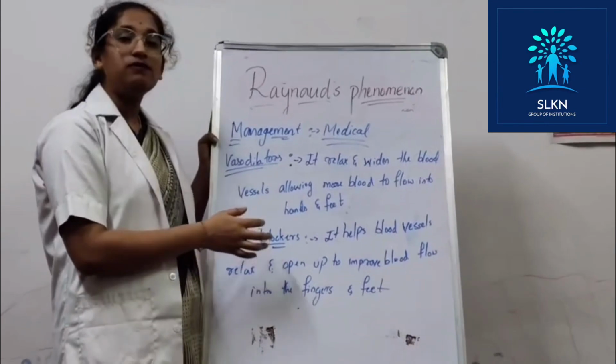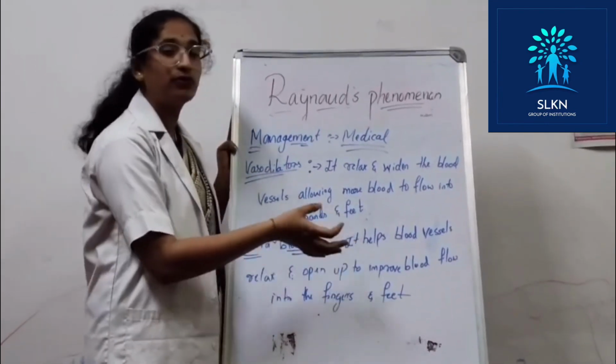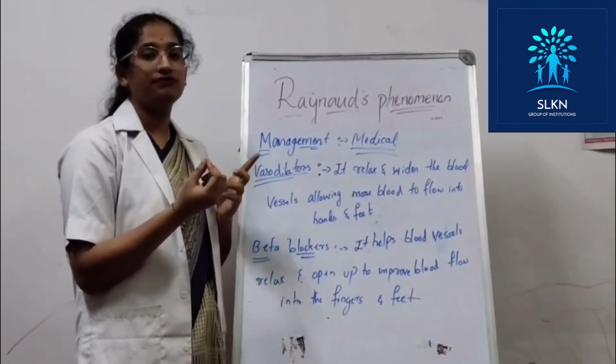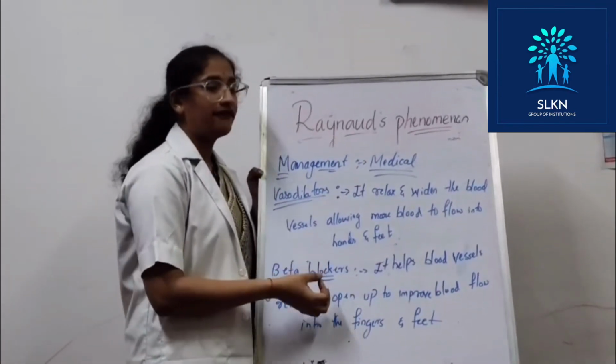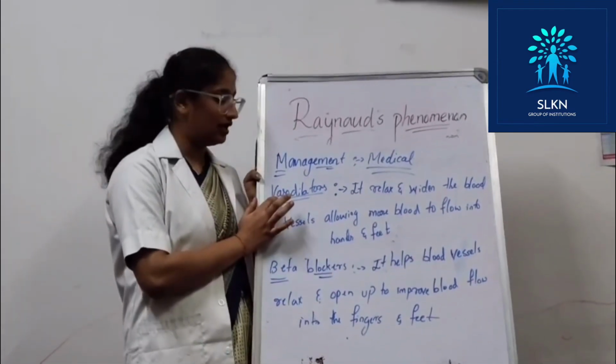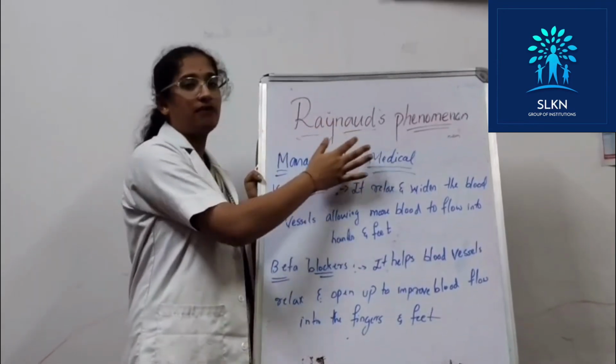Then beta blockers also help the blood vessels relax and open up to improve the blood flow to the fingers and feet. So vasodilators and beta blockers are administered in Raynaud's phenomenon.